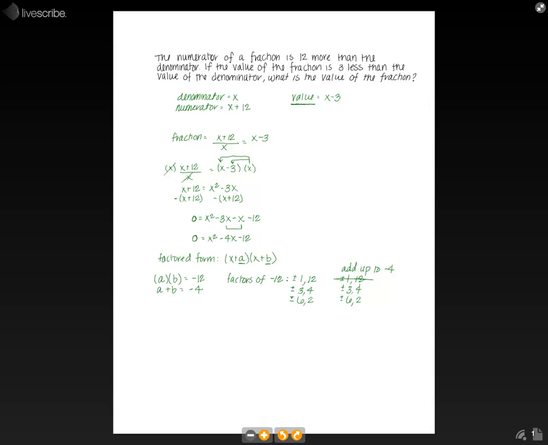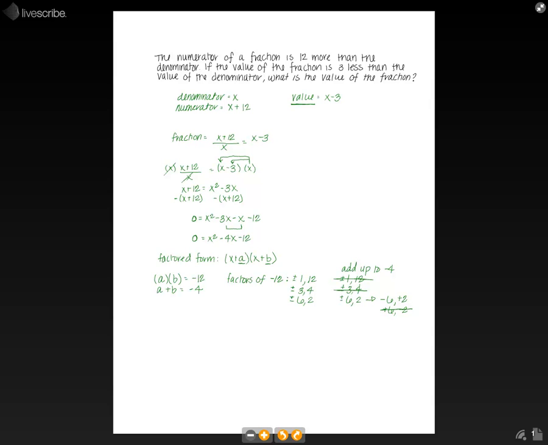Positive 3 and negative 4, or negative 3 and positive 4, we can't get those to add up to negative 4, so those aren't going to work. But 6 and 2 have a difference of 4. So if we have two options here, negative 6, positive 2, or positive 6, negative 2. So we need to get negative 4, so this one's not going to work.